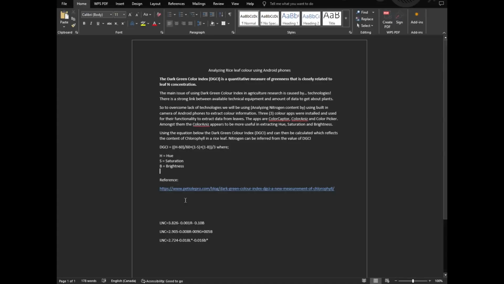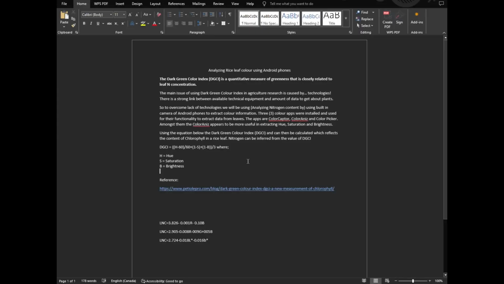So my intent is analyzing rice leaf color using Android phones. And the methodology is to understand the color of the rice leaf.